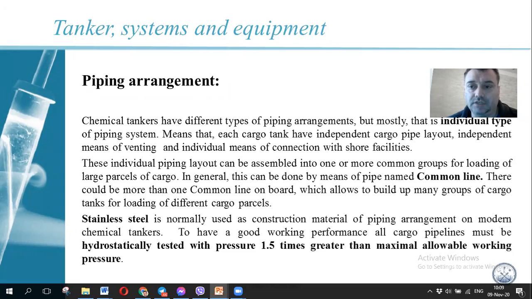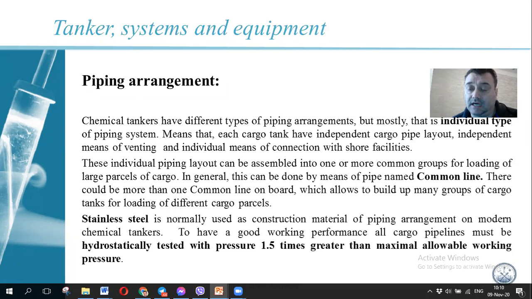So in 2, 3, 4, 5 tanks, you can load only one type, one grade of cargo. But on product tankers or chemical tankers, you can use every single tank with its own single cargo manifold. So if you have 25 or 30 cargo tanks, you can load 30 grades of cargo. So that means the difference between the chemical tanker and the liner vessel.